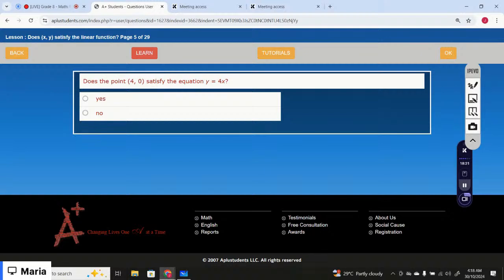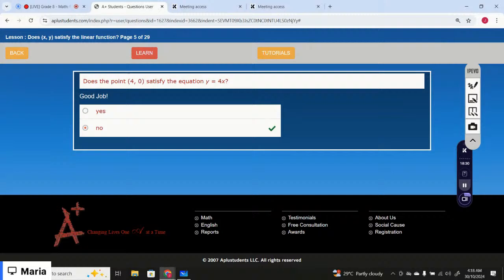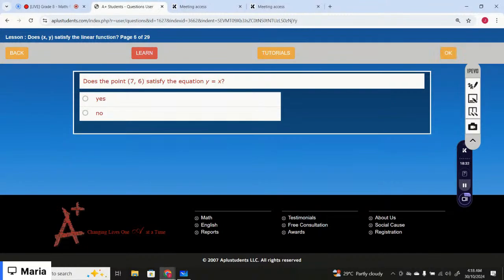The correct option is no. Option number 2 is the correct option. Does the point (7, 6) satisfy the equation y equals x?